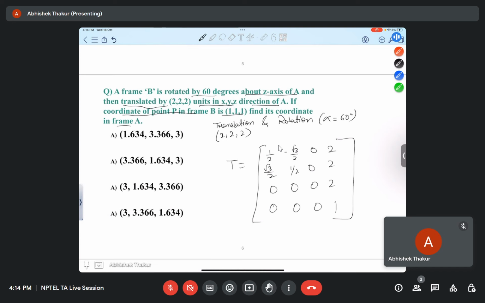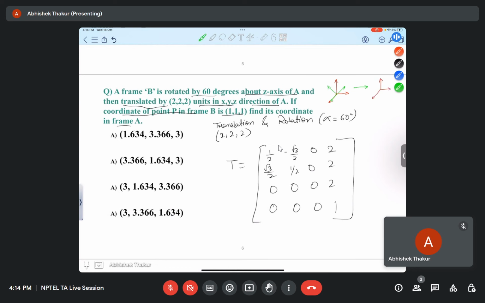So here what happened? First the axis is rotated by 60 degrees, and then it is translated in each direction by 2, 2, 2 units.